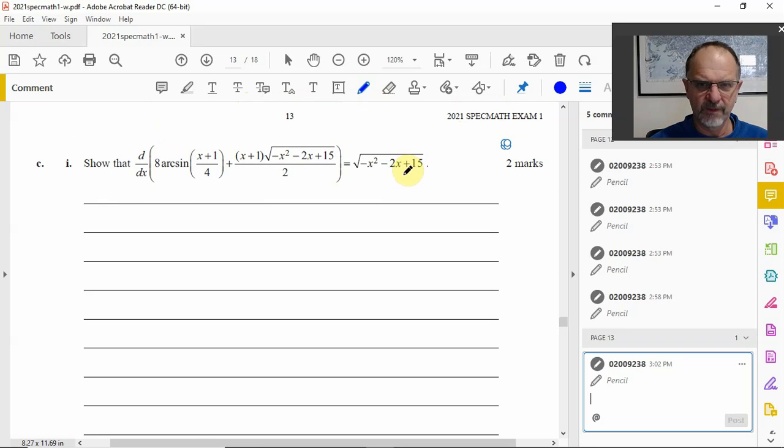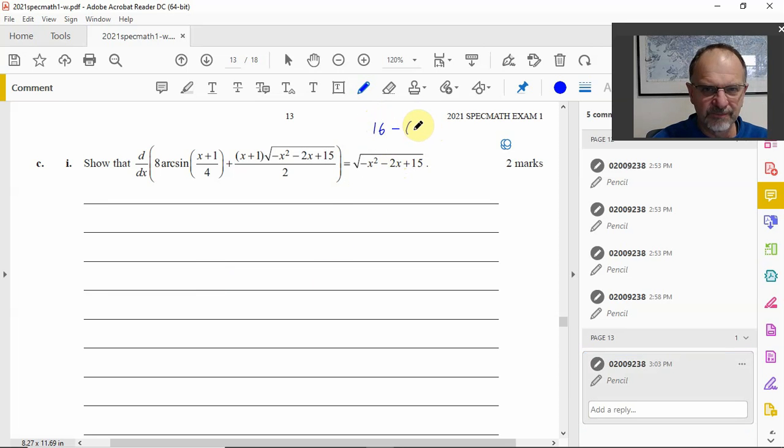Now, just a bit of a reminder where this comes from: back in part A, part 2, we had 16 minus (x plus 1) squared, and then when we expanded, we got the minus x squared minus 2x plus 15 that's underneath that square root.